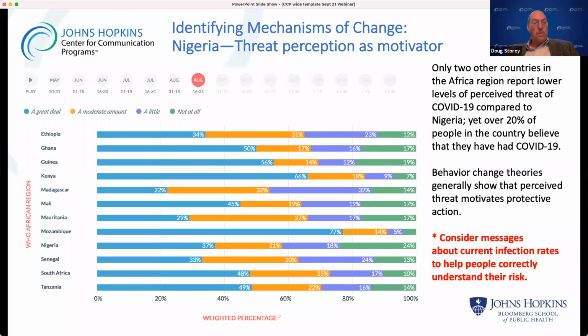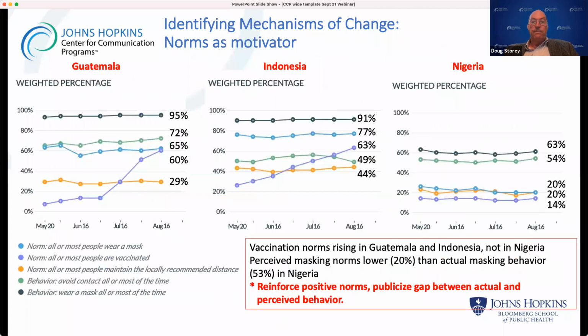It's entirely possible in Nigeria that this threat perception related to COVID-19 is unrealistically low. And if Nigerians are more knowledgeable about the actual infection rates in that country, their perception of the threat may become more accurate and therefore more motivating to consider vaccine acceptance. Next slide, please.